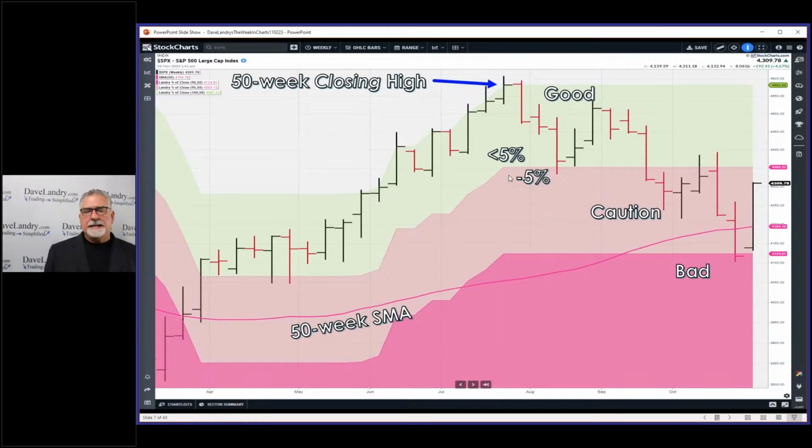And with any momentum-based indicator, a moving average or Landry Light on a moving average, or bow tie proper order within moving averages, or put in your favorite momentum indicator, when that indicator starts indicating downside momentum, a lot of times that indicates even more downside momentum. So sometimes a slide begets even more of a slide. And again, 10% would be the red zone that you see on the bottom.